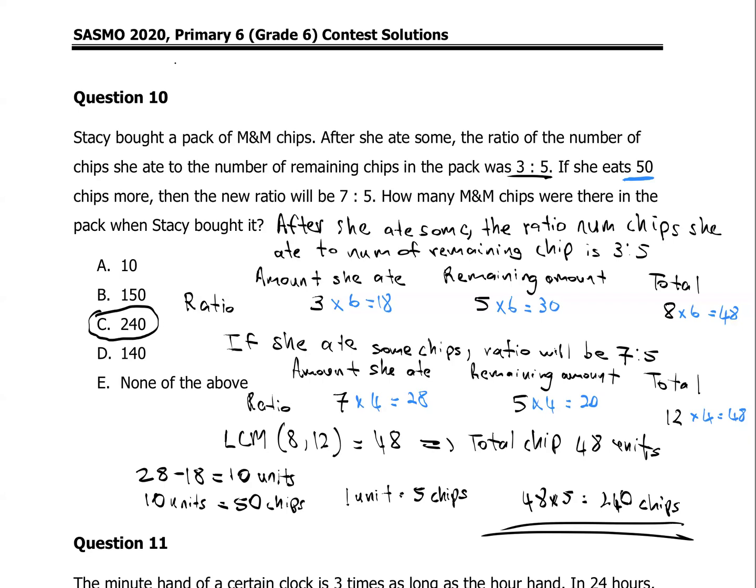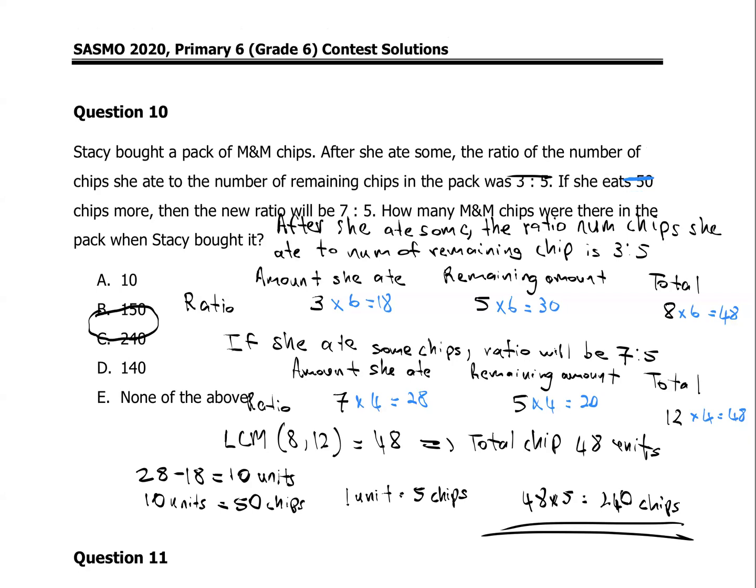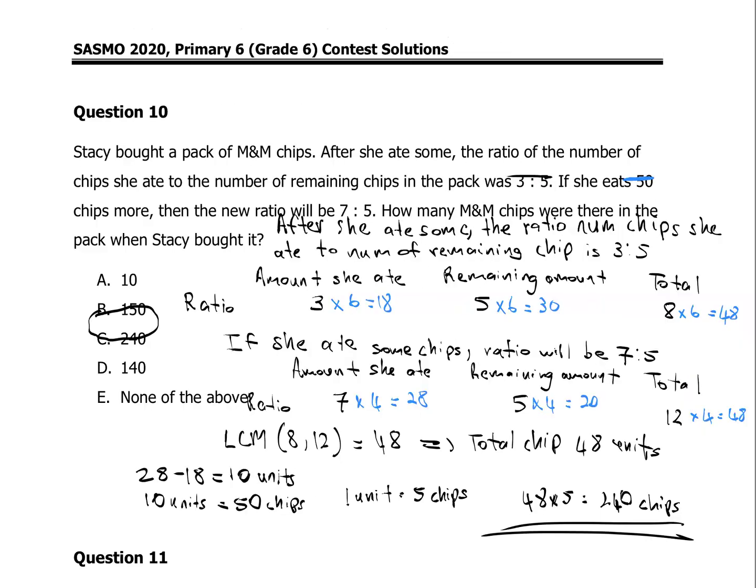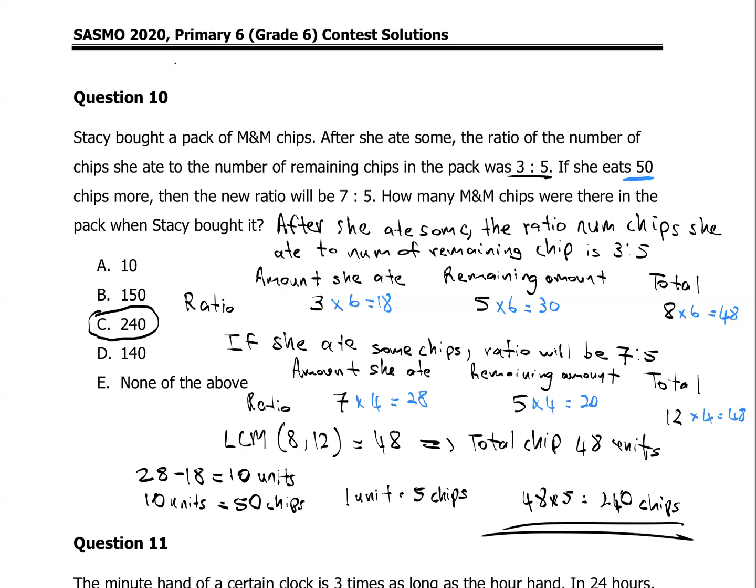Teacher, I don't understand how you get 48. So I find the least common multiple of the 8 and 12. So 8 and 12 are the total, right? It should be equal. However, as it is in ratio, the numbers were timed by different numbers to get this.